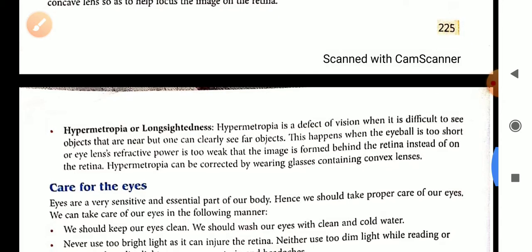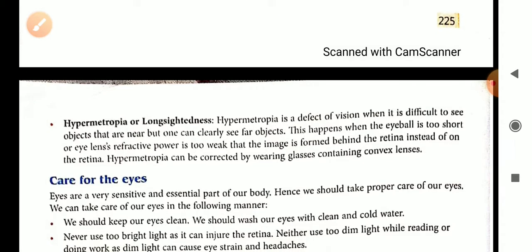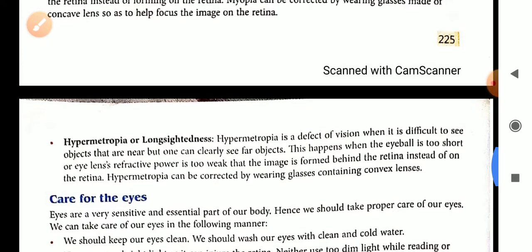This happens when the eyeball is too short or the eye lens's refractive power is too weak, and the image is formed behind the retina. It can be corrected by wearing glasses containing convex lenses.